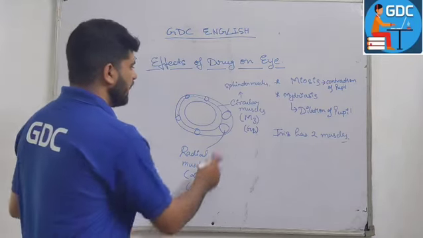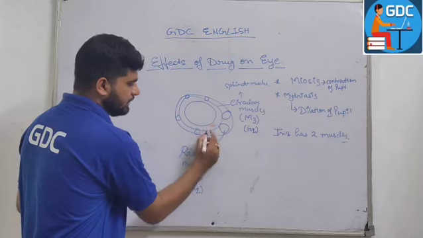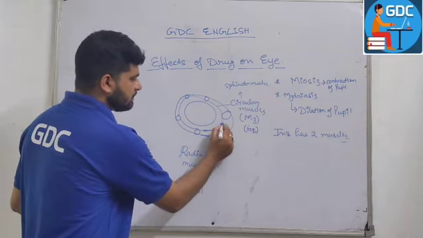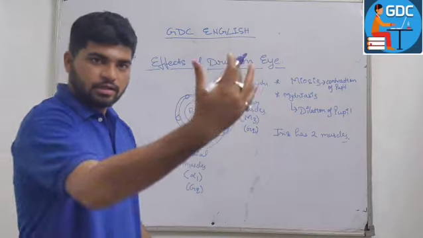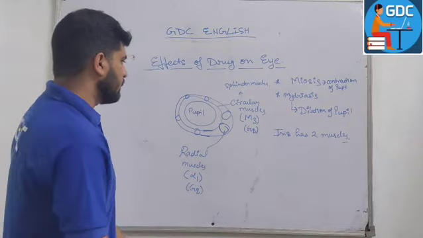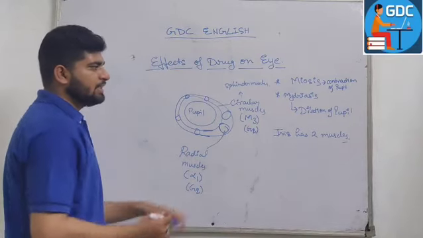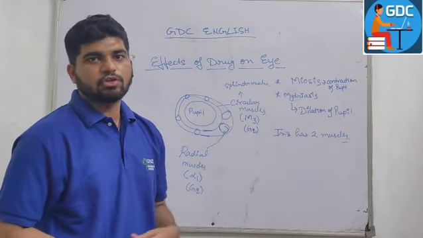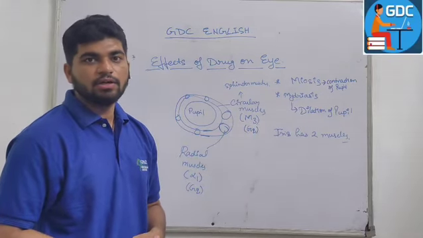Now we have circular muscles over here, and radial muscles over here. This is your pupil, through which doctors can see through to the retina also. By the dilation only, the doctors or ophthalmologists can see your retina.